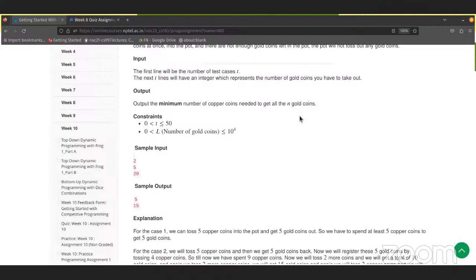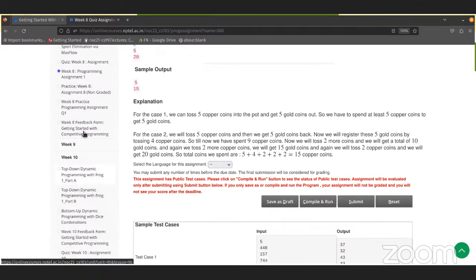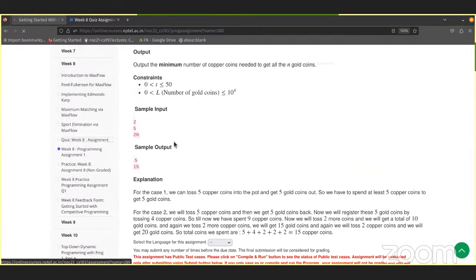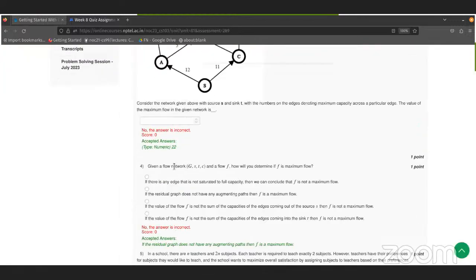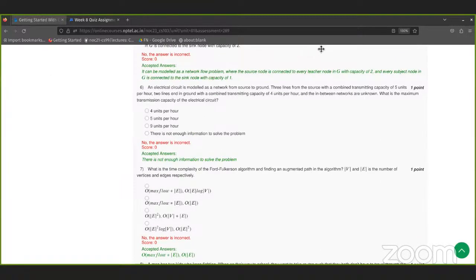So I had a problem with question 6 in the week 8 quiz assignment. That should be considered ambiguous now, because even the sir got confused. As I think I have already replied to you on this. But even if the teaching assistant sir is getting confused in the question, that's possible.